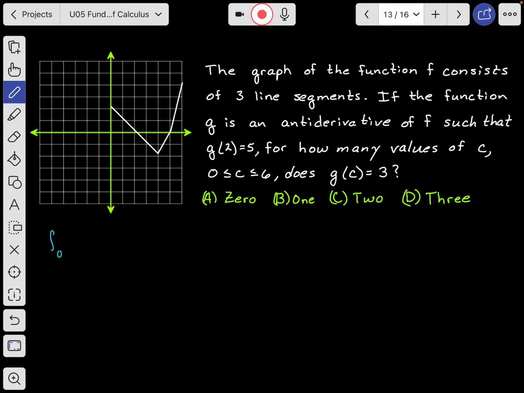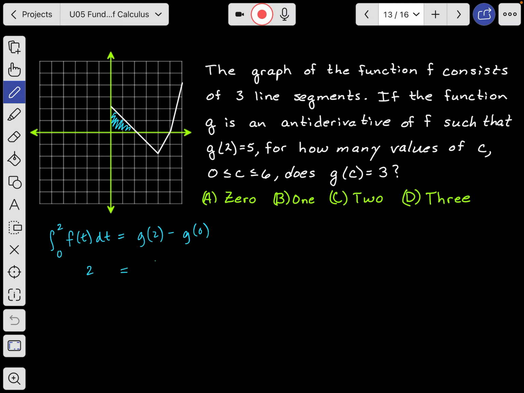So here's my integral from 0 to 2 of f of t dt. And using the fundamental theorem, g is the antiderivative of f, so this is going to be g of 2 minus g of 0. And the integral is the area under the curve. So the area under this curve, which is just right here, that's 2 units. Base times height divided by 2.